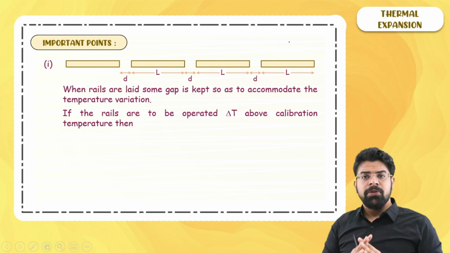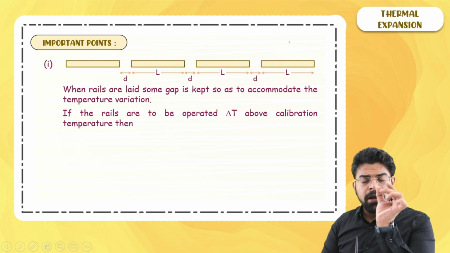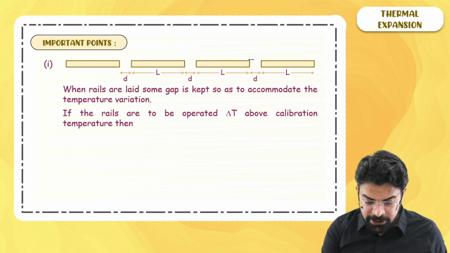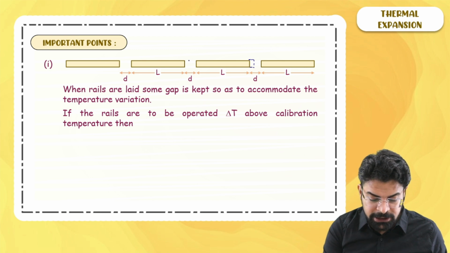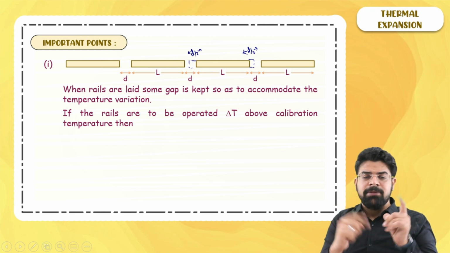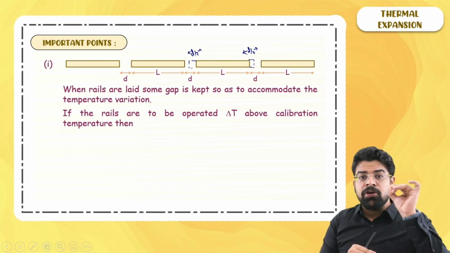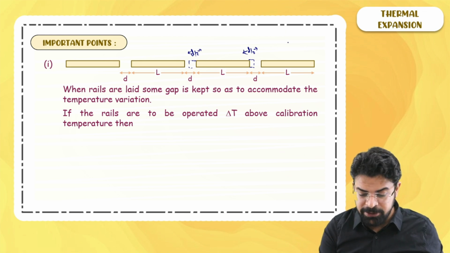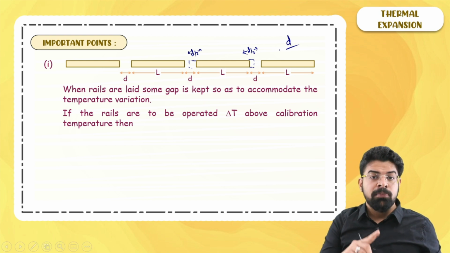If you have kept the gap between two consecutive rails to be D, each rail can grow on both sides up to a maximum distance D by 2. Since it can grow on both sides up to a maximum distance D by 2, the maximum possible increase in the length of one rail will be equal to D by 2 plus D by 2.